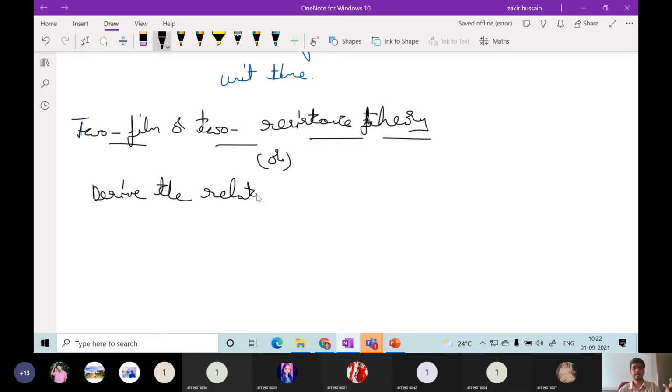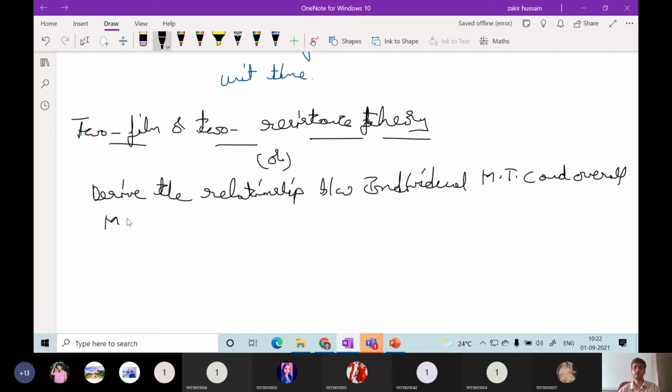Derive the relationship between individual mass transfer coefficient and overall mass transfer coefficient. So 3 possibilities are there for this answer.